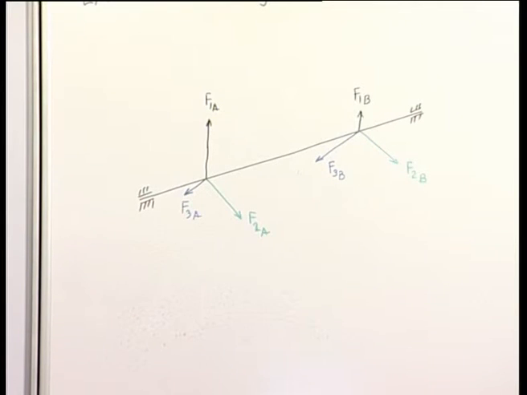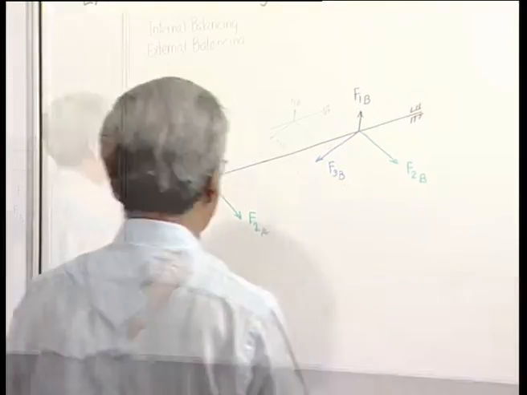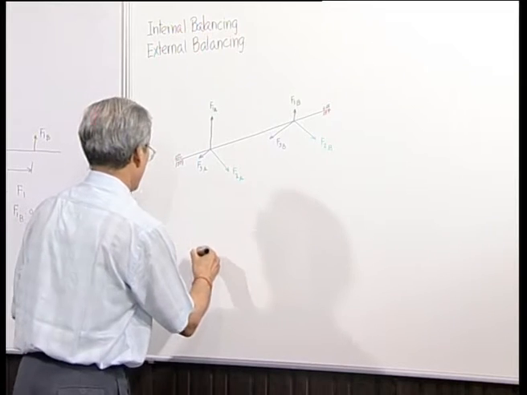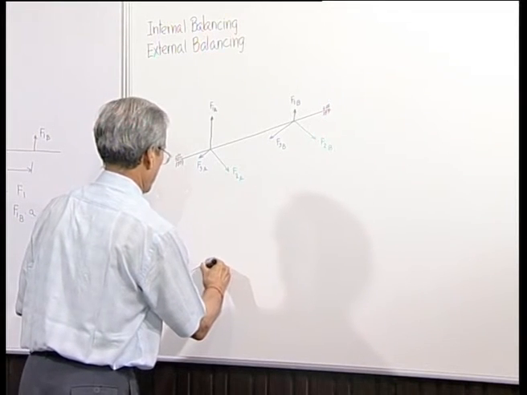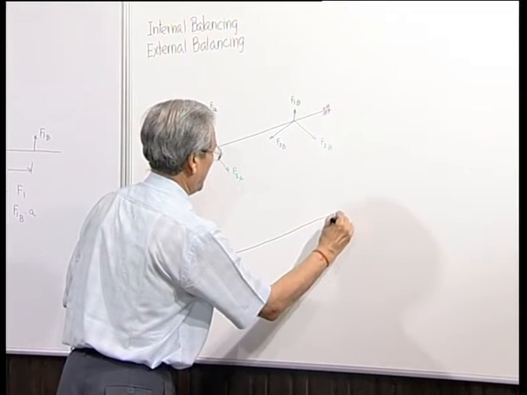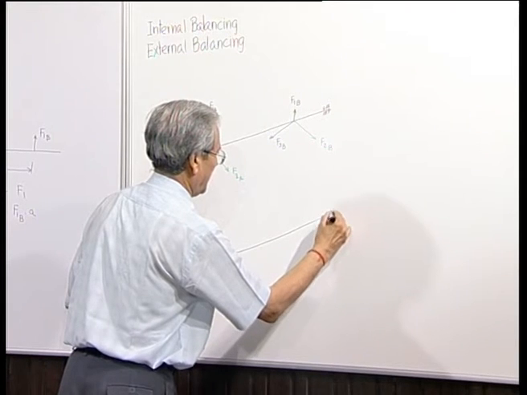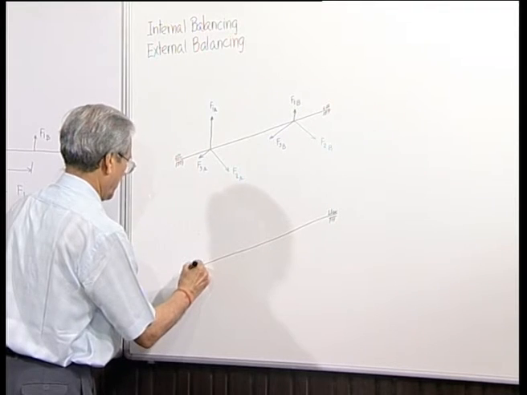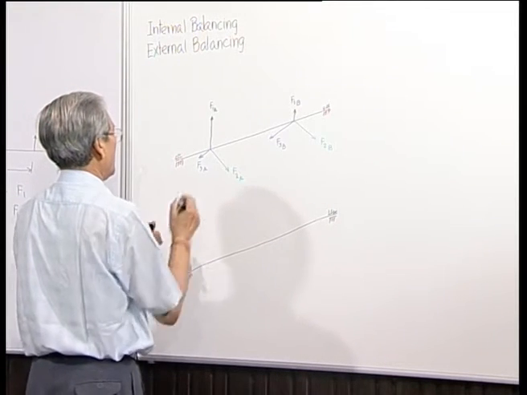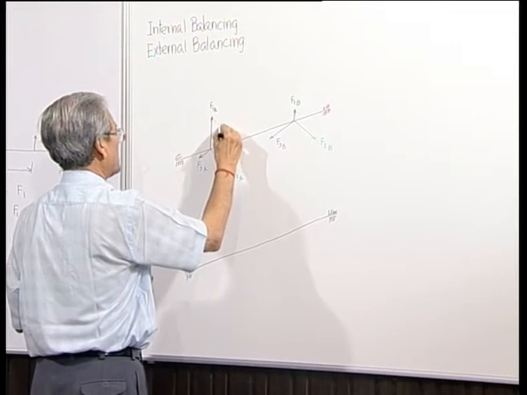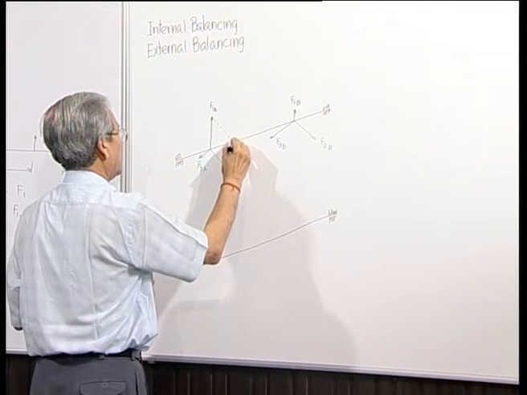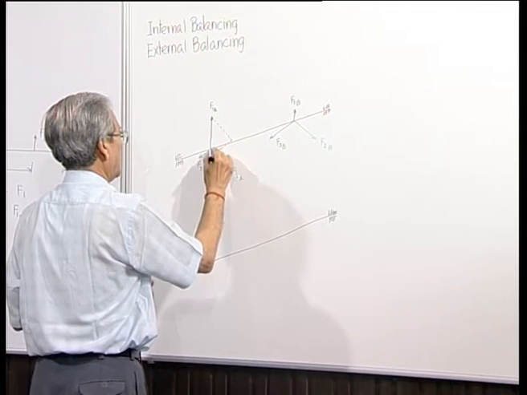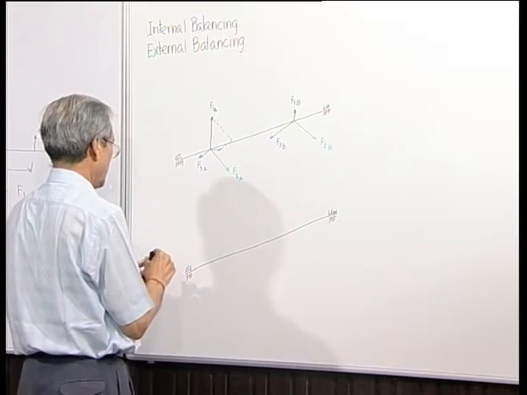So, what we get now finally is that the resultant force acting, that means now this is again equivalent to what we do, we can add these 3 force vectors and this becomes the resultant.